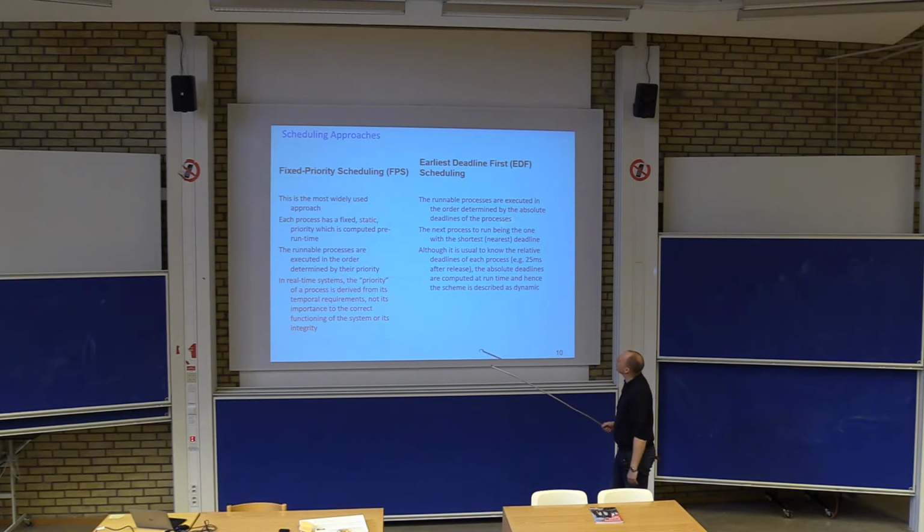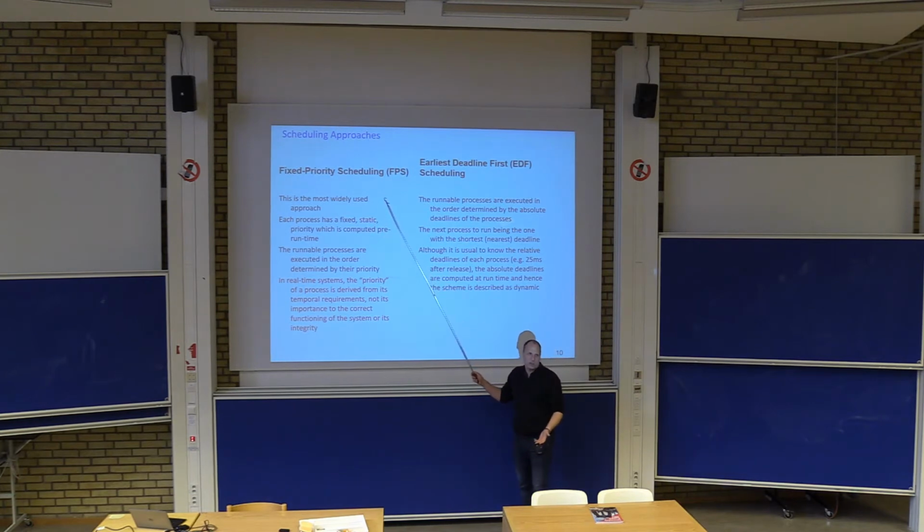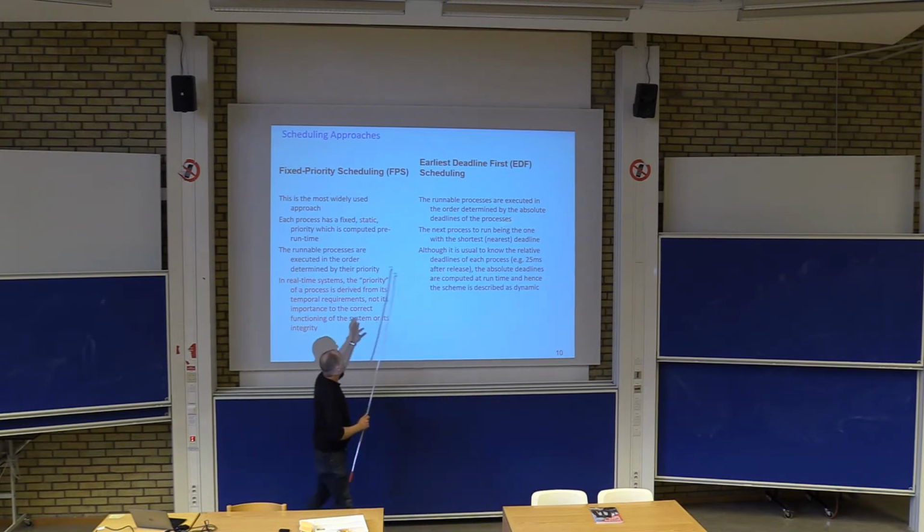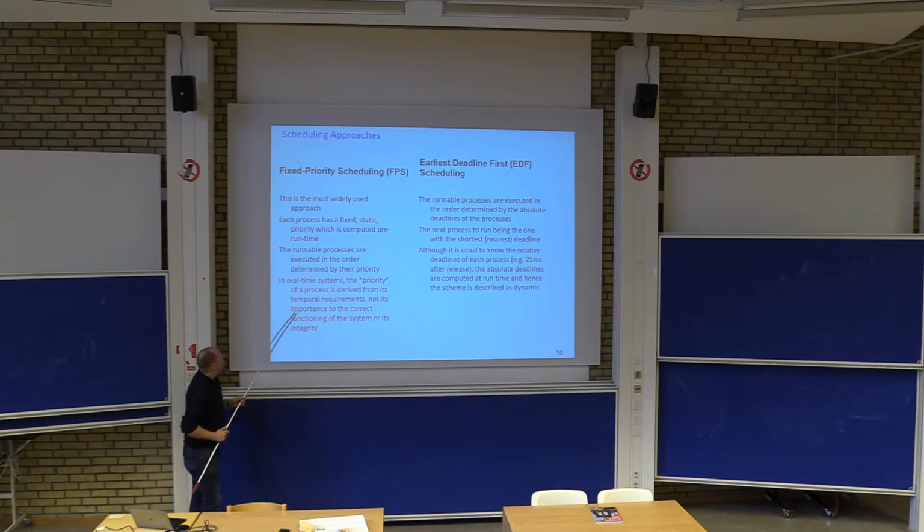But basically it's the same priority throughout your execution. And this is what is most widely used. Every real-time operating system supports this type of execution. So FreeRTOS and commercial ones like QNX and VxWorks, they all work in this way. And basically the scheduler will just follow this priority. It will have the processes sorted in the ready queue by their priority, and will always pick the one with the highest priority to execute.